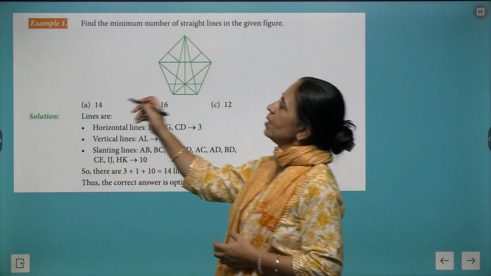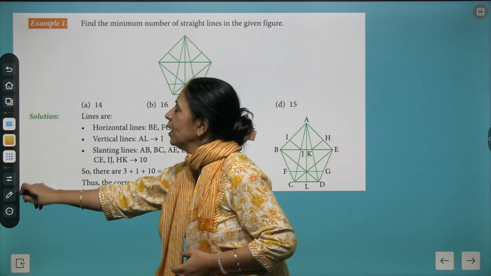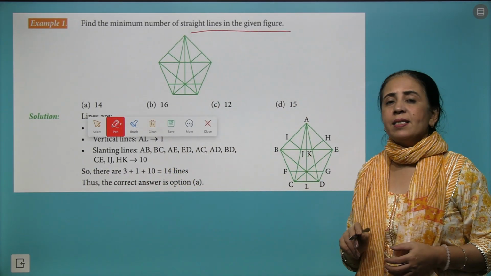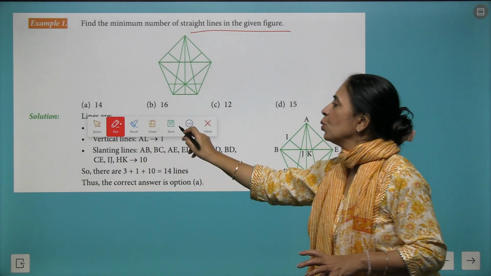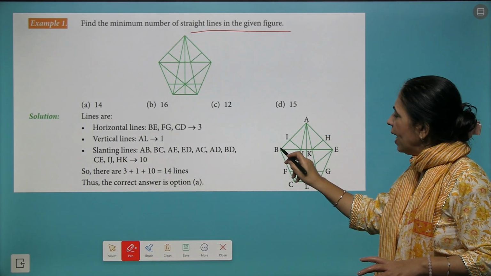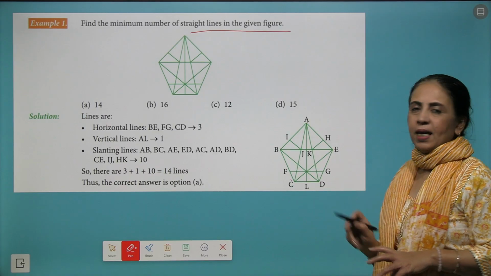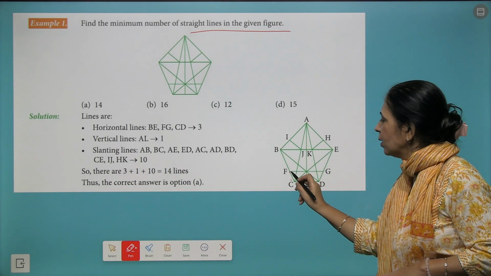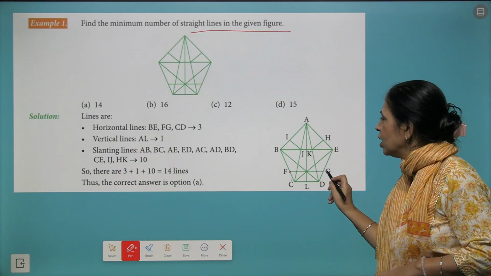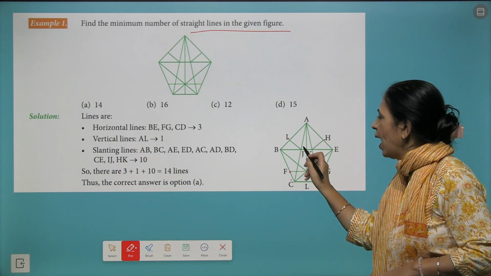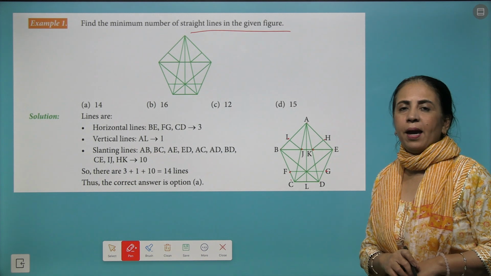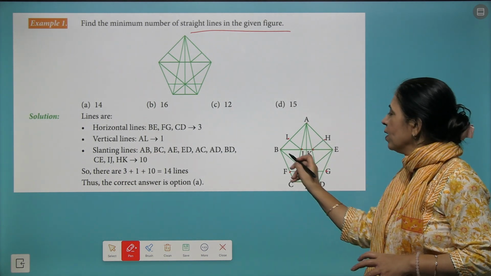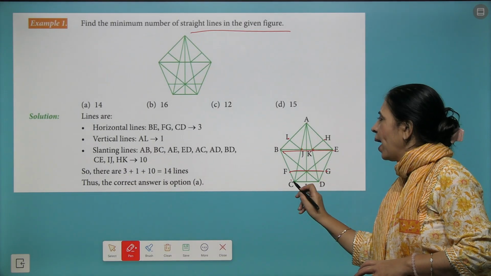Now let's read this example. Here you need to find the minimum number of straight lines in the given figure. What you'll do? You'll first put A, B, C, D, E over here. And further, we are going to mark the points F, G, H, I, J and K. Now, starting with the horizontal line, we'll first see 1, 2 and 3.